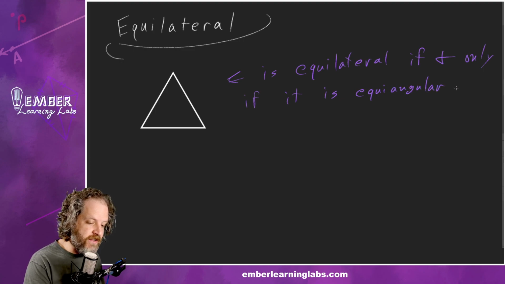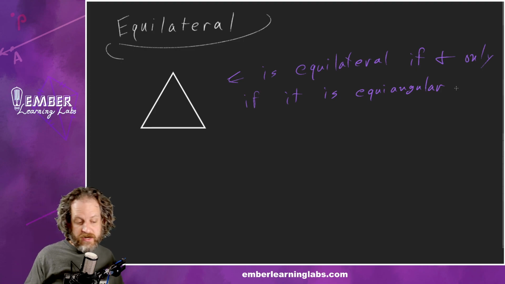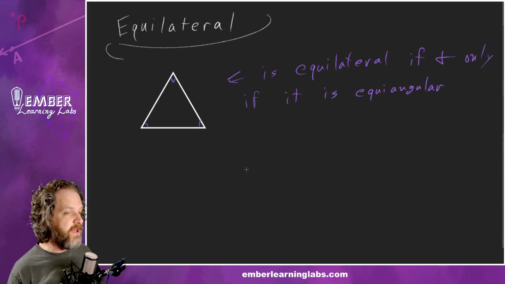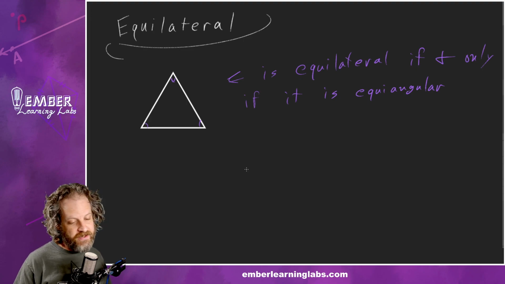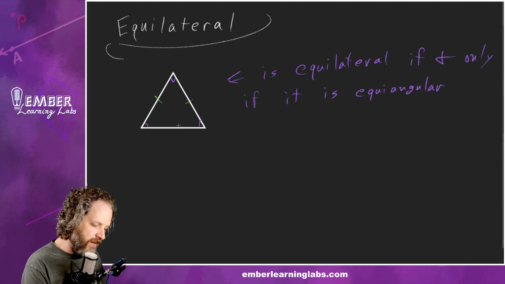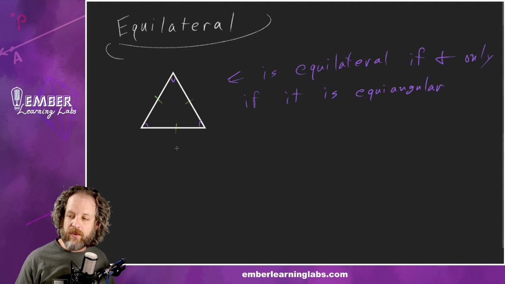Okay, so we've seen equiangular. What does equiangular mean? It says that all three angles are congruent. And so the only way the triangle can be equilateral is if it's also equiangular. So if all these angles are equal, then this triangle is equilateral, right?